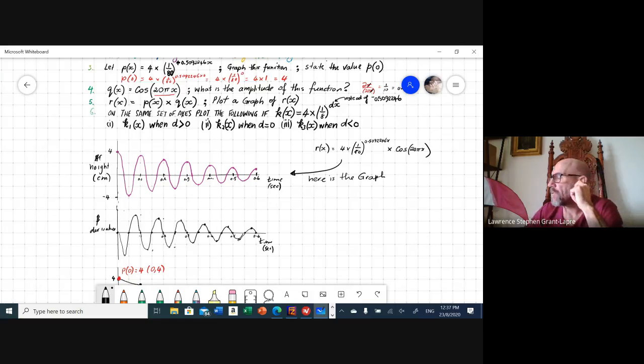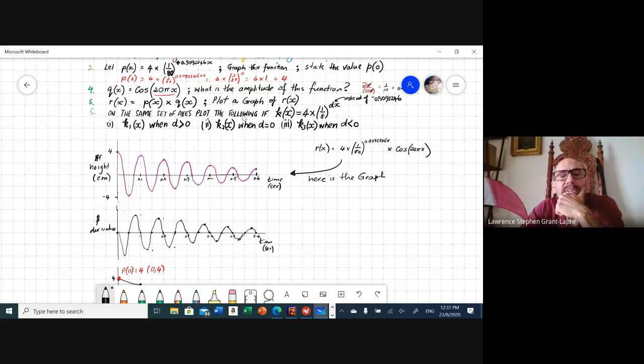That was from our story, and appropriately we've got the amplitude function as p of x and the cos curve as q of x. Notice that r of x is the formula for the amplitude each time.